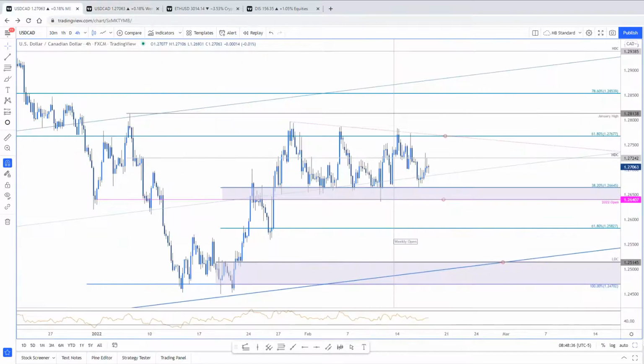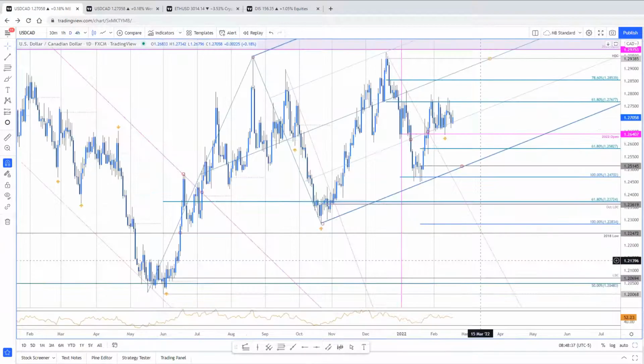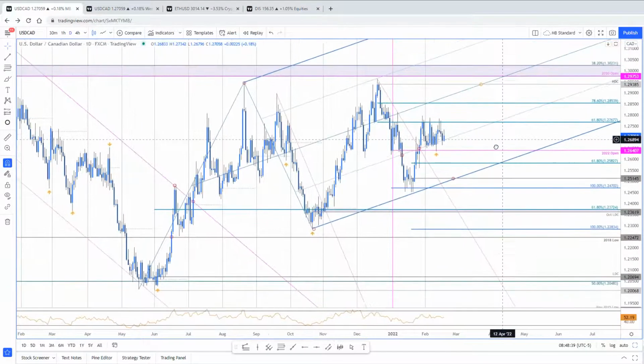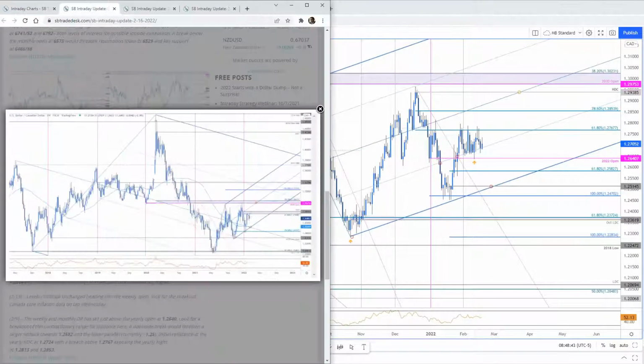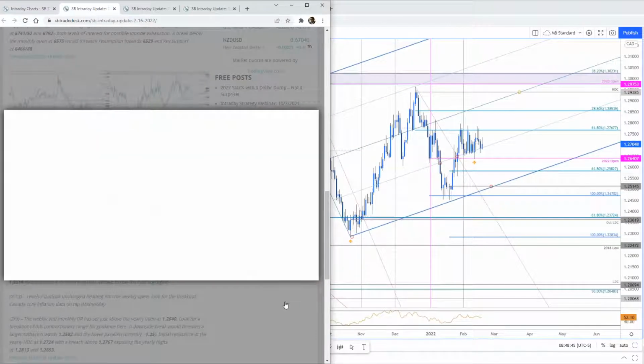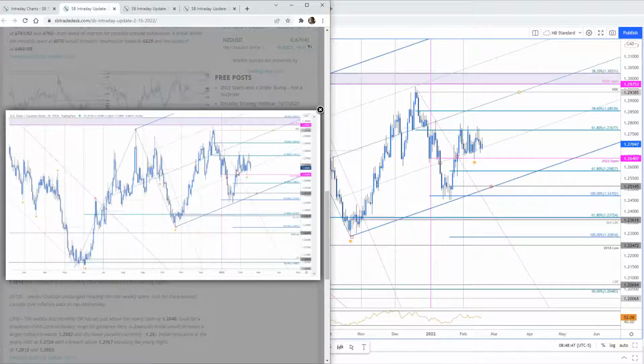Here's what dollar CAD looks like on the daily charts. One of the best things I love about this trade is that it is a clear and well-defined monthly opening range. Here's your monthly open. You set a low, you set a high, and it's been ping pong ever since, back and forth. Now, aside from this outlier here on the 10th, you've seen a series of lower highs and a series of higher lows.